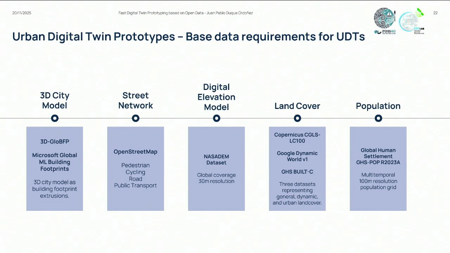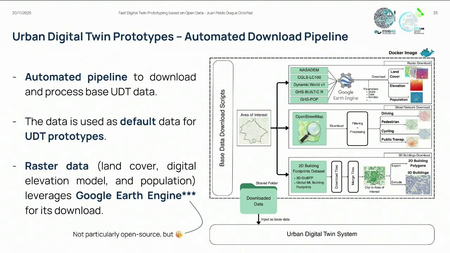We also download and use 3 land cover data sets, which are the Copernicus general land cover, Google Dynamic World, like near real-time land cover, and GHS-BUILT, specific urban land cover. And finally, we also have some data about population to have this nice analysis of population in the urban area. This comes from GHS-POP, which is a multi-temporal 100-meter resolution population grid.